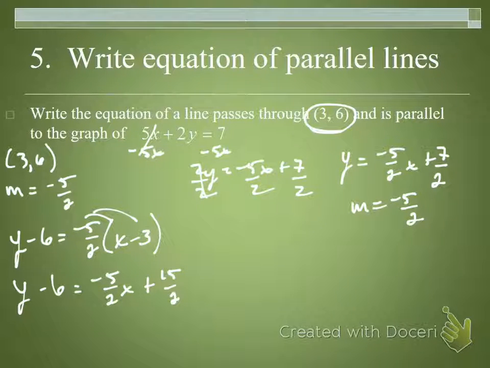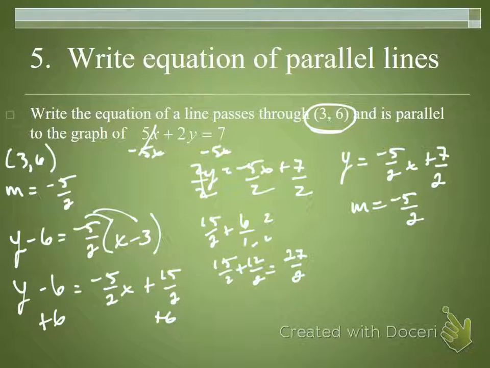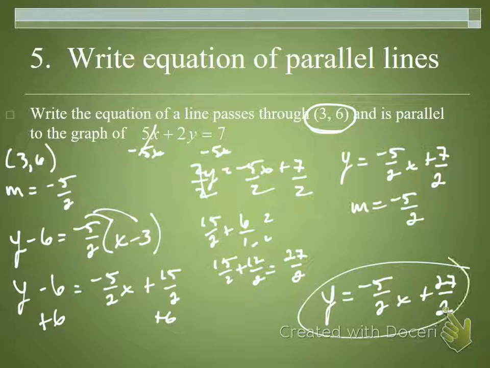Instead, leave it as a fraction, and then the next step is to add 6. So we go up here and we go 15/2 plus 6. Got to get that to be a common denominator, so multiply 6 over 1 by 2 in the numerator and the denominator, and then add, and so you get 27/2. So you get y equals -5/2 x plus 27/2. Okay? That simple. No big deal.